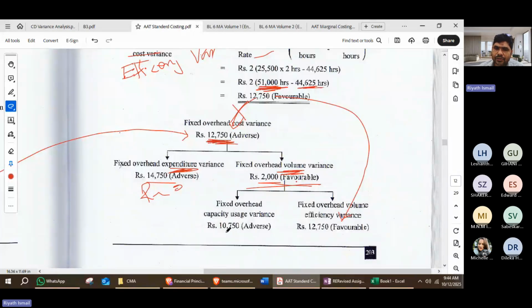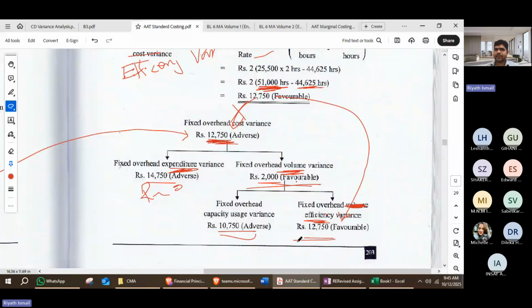Capacity variance we already found 10,750 and fixed overhead volume variance. It's not volume variance. Fixed overhead efficiency, volume efficiency. Fixed overhead efficiency variance 12,750 favorable, right?